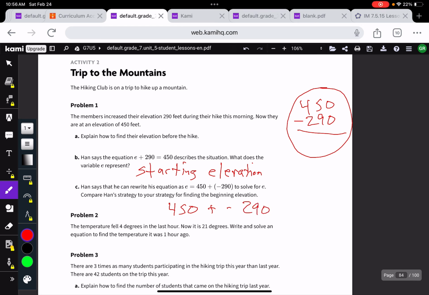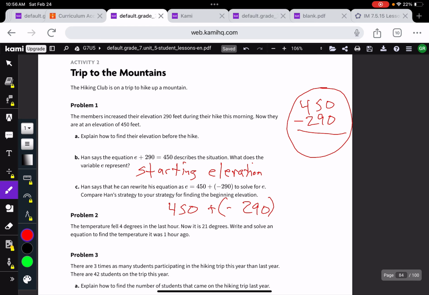And guess what? If we follow our addition rules, if they're same signs, add, different signs, subtract. They are different signs. 450 is positive. Negative 290 is just that, negative. That means subtract. Guess what? We almost have an identical strategy. He said plus a negative. I said just minus.